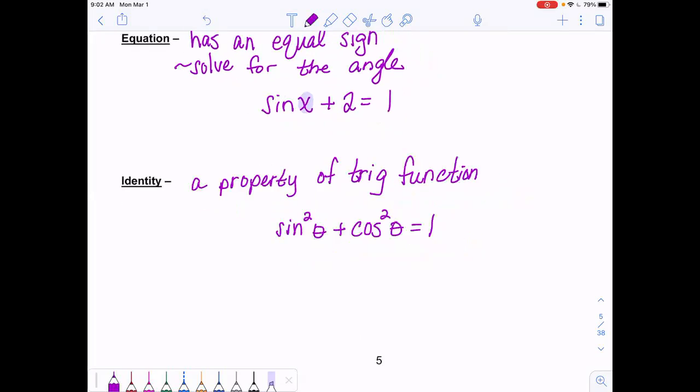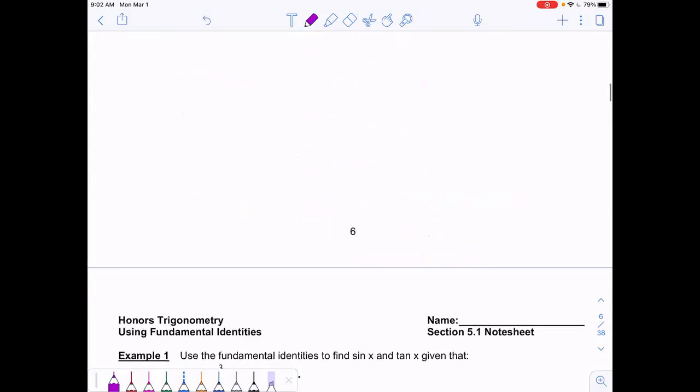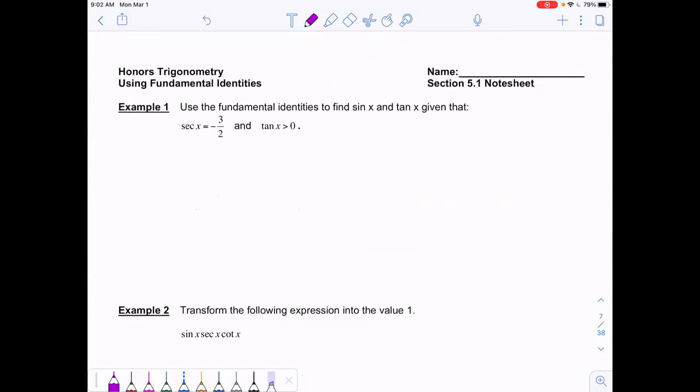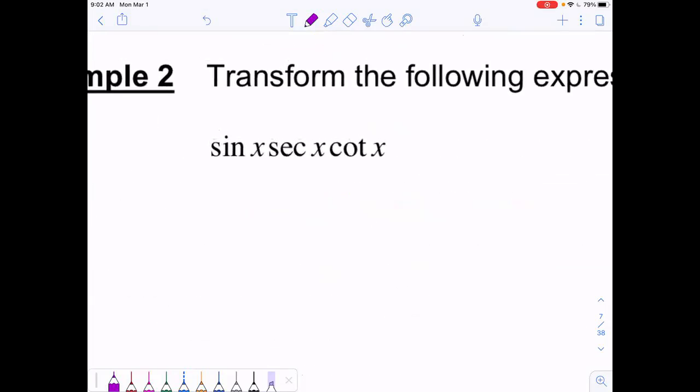So we are going to kind of start in with section 5.1. And today we're going to work on simplifying fundamental trig identities. The first example is a more numerical example, and then the other ones kind of deal with expressions. So you can see number 2 looks similar to the problem that I gave you as an example of an expression.